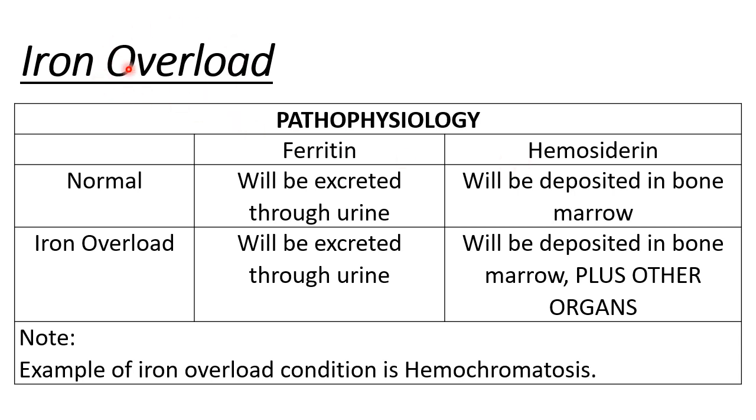Kapag nagkaroon ng overload, okay, the ferritin is still continuously excreted through your urine, no? Pero ang problem natin is hemosiderin. It is water insoluble. Therefore, wala kang means para mailabas mo to kahit sumusobra na sila. So, it will be deposited not only in the bone marrow plus other organs. So, titignan natin ano pa yung ibang organs na pwedeng magtago yung hemosiderin.